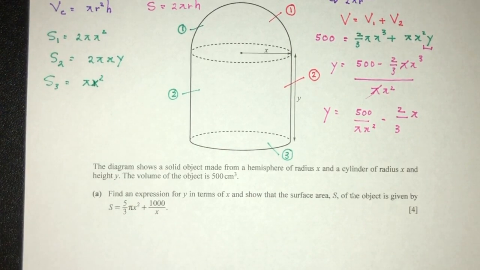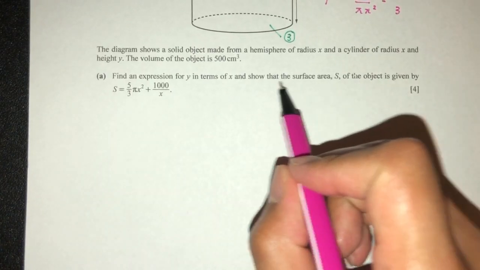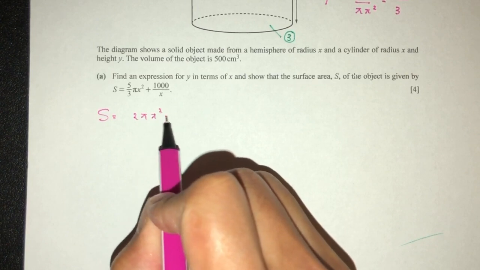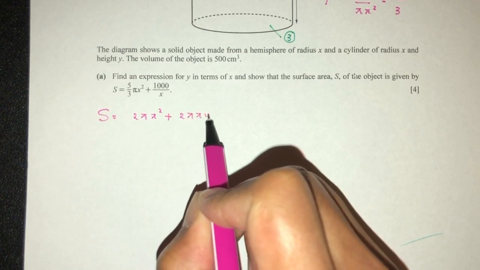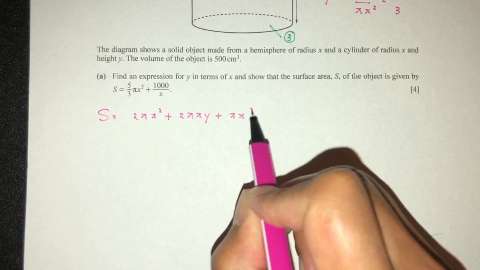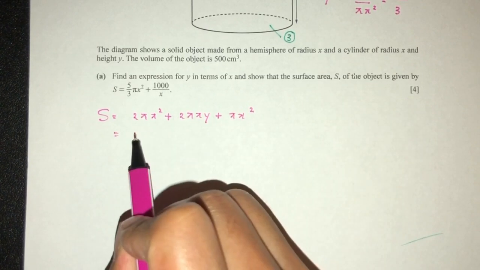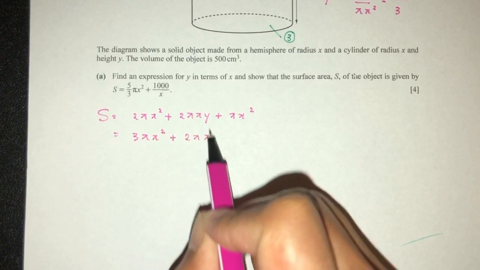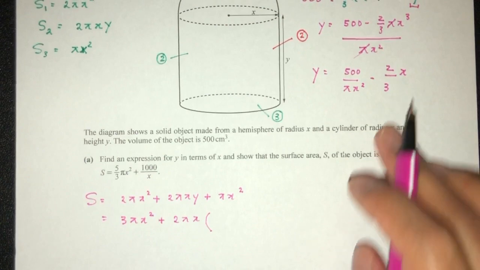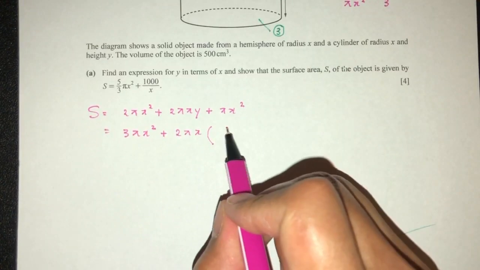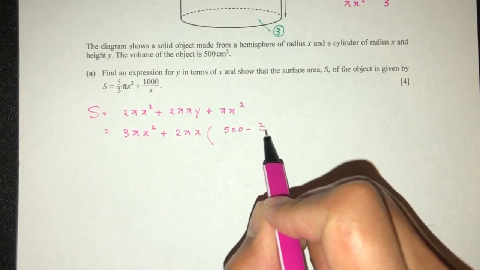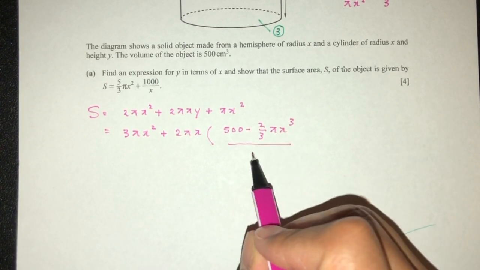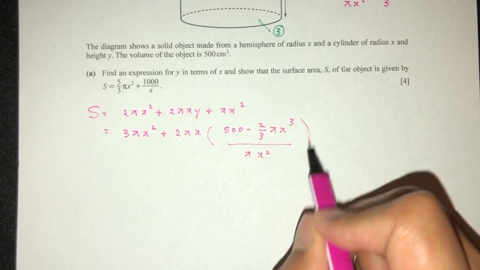Okay, so we have to add all three. So the total surface area has to be S1 plus S2 plus S3. Now simplify. That will be this plus this, 3 pi x squared plus 2 pi x times y. As you know, y is this one. We can just replace it. We can have 500 minus 2 over 3 pi x cubed over pi x squared.